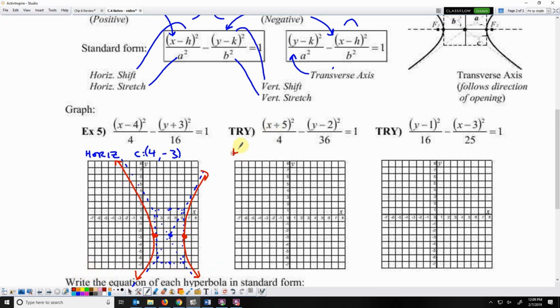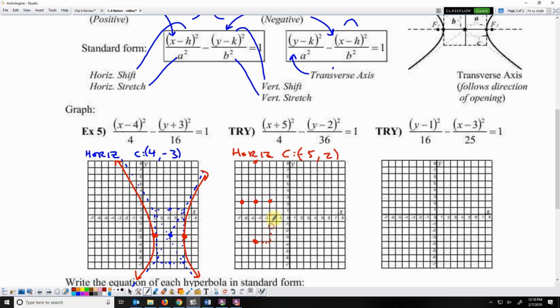Here's another horizontal one because x is first. The center is at negative 5, positive 2. So we'll graph that, negative 5 and positive 2. The horizontal stretch is the square root of 4, so it's 2 left and right. The vertical stretch is the square root of 36, so it's up 6 and down 6.